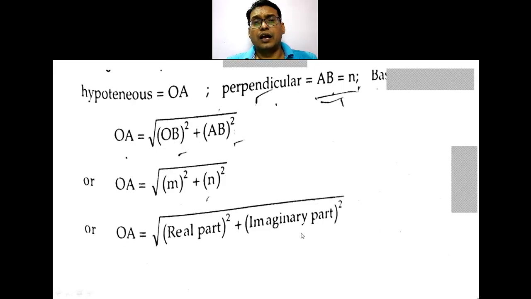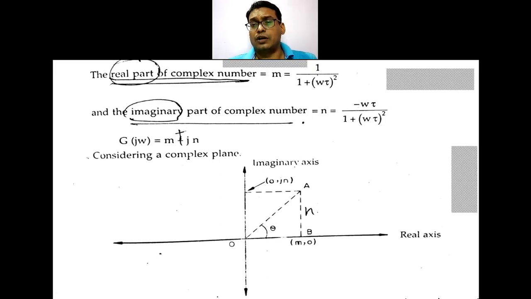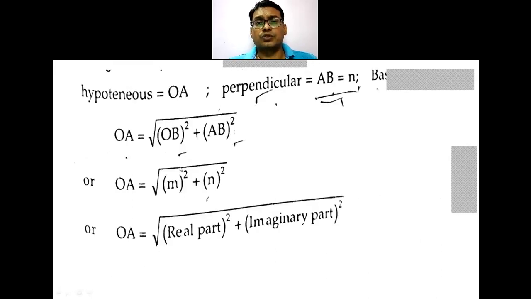Then your hypotenuse OA is nothing but the root of AB square plus OB square. That is OB square plus AB square, which is nothing but m square plus n square, and that is same as your real part square plus imaginary part square.